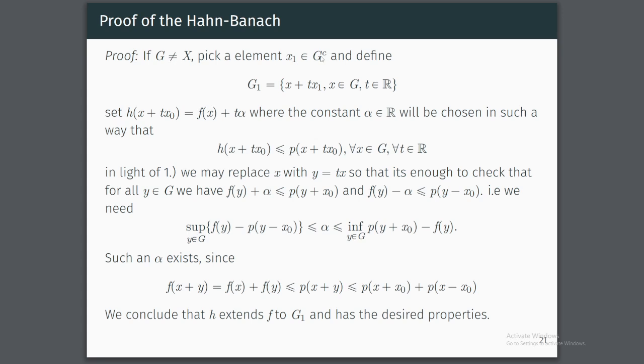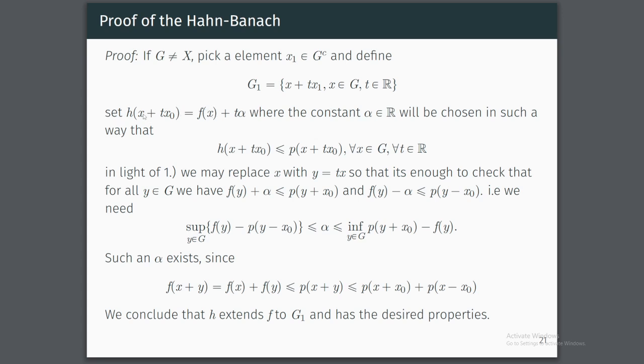If G is not equal to X, just pick an element in its complement and define G1 to be G plus tx1. So you can think of G1 as extending the dimension of G by 1, right? By taking x1 and then adding every element in G, plus tx1, okay? So you've raised the dimension by 1. You define h of x plus tx0 to be f of x plus t alpha. And alpha, because remember, we're trying to bound our function by p of x.